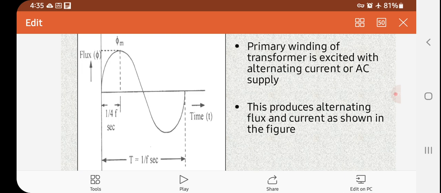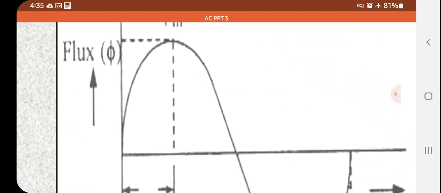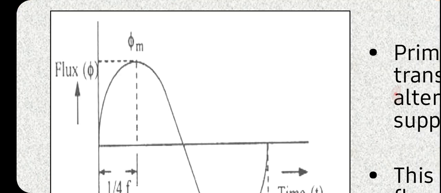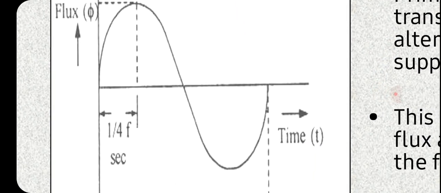The magnetic flux increases from 0 to maximum value within 1/4 of a cycle, that is 1/4f second.